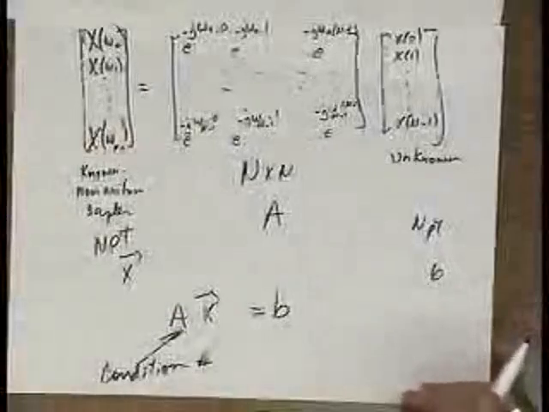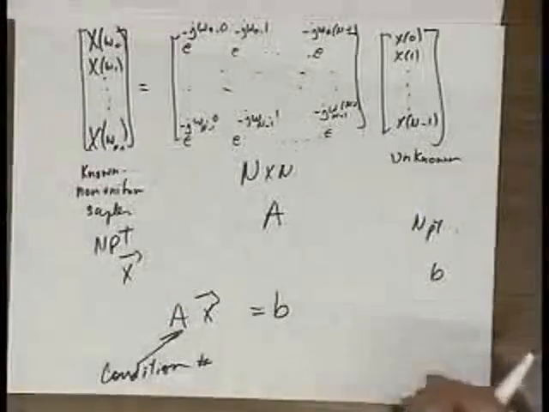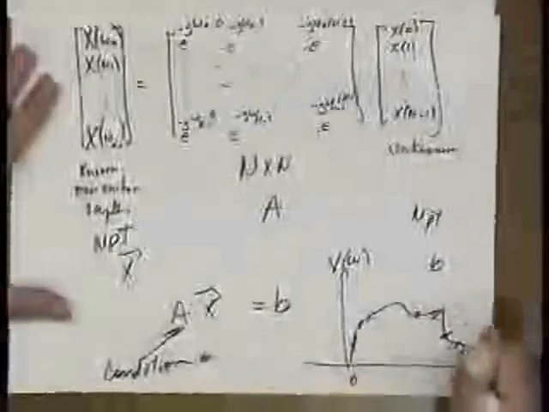It means that the problem is ill-conditioned and you have a hard time figuring out what the values of the input are. So intuitively, does that make any sense? Yeah, it does. What it says is that even though you have non-uniform samples of these guys, as long as two samples are not extremely close to each other, you have a good shot of recovering X. And when the samples become really close, in the limit, when they become so close that they're almost the same, then this matrix hits singularity.